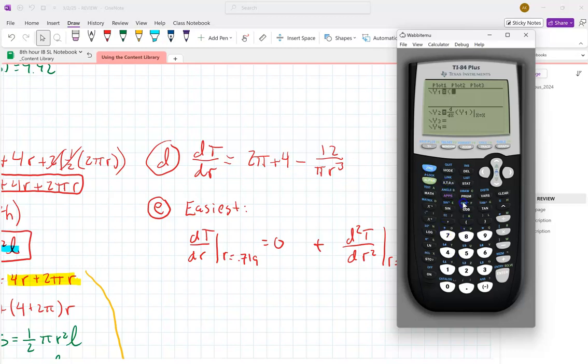It was 2 pi plus 4 plus 6, write it that way, 6 over pi r squared, right? Oops, got my x there.